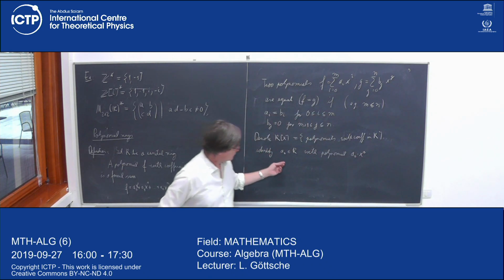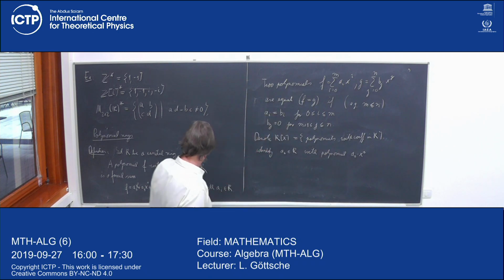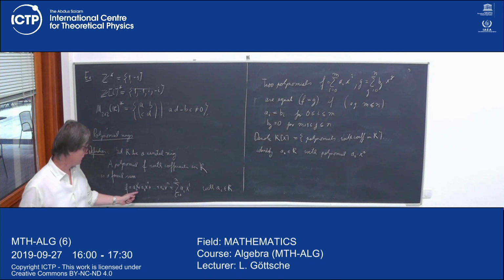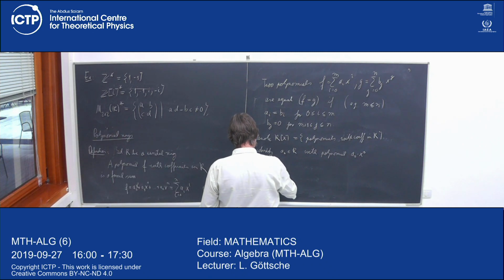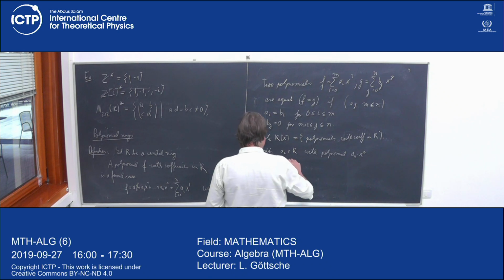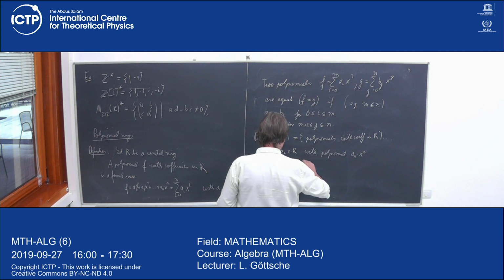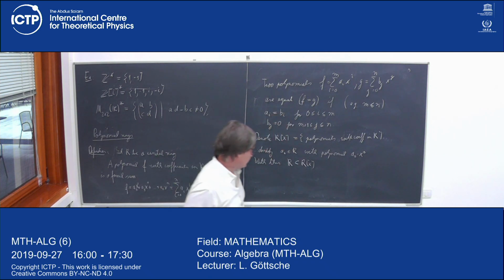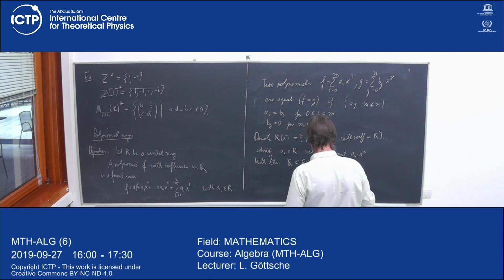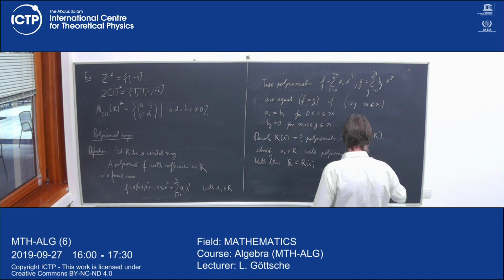For us this is the same thing. We just don't write this; we think of x to the 0 as equal to 1. With this, we have that R is a subset of R[x]. And a polynomial of this form is a constant polynomial.